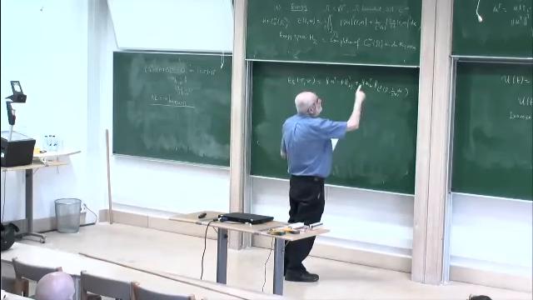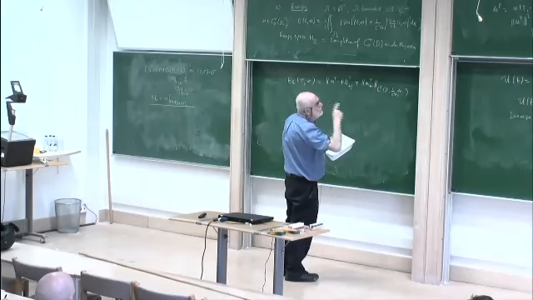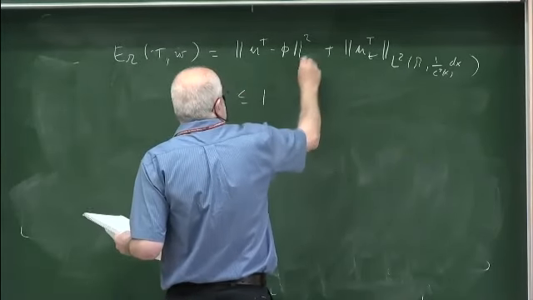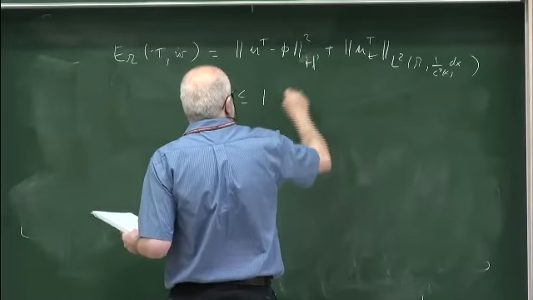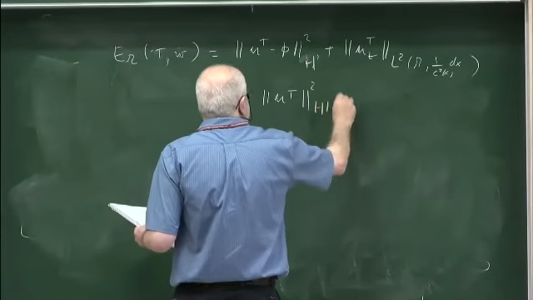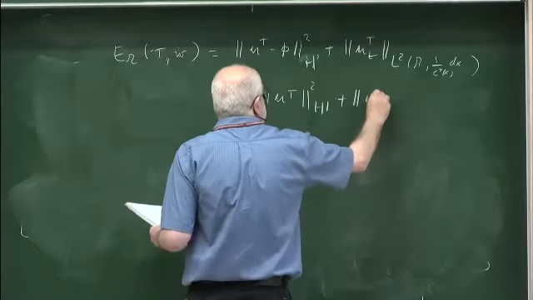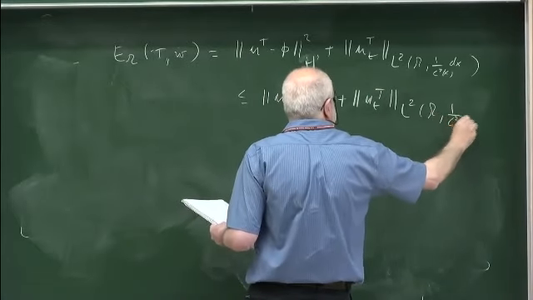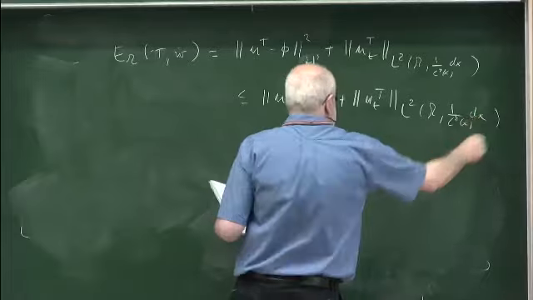But this, by what we just proved a moment ago, is less or equal than the norm of ut square H1 plus the norm of ut square of x dx.